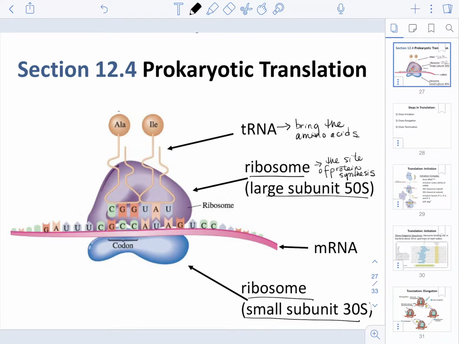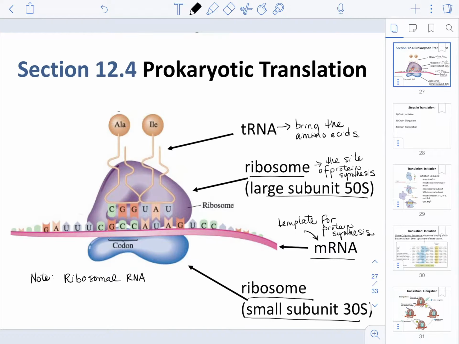We also need mRNA, and remember that the mRNA is going to be the template for protein synthesis. In this figure, we are not illustrating the ribosomal RNA, but understand that ribosomal RNA is also involved.